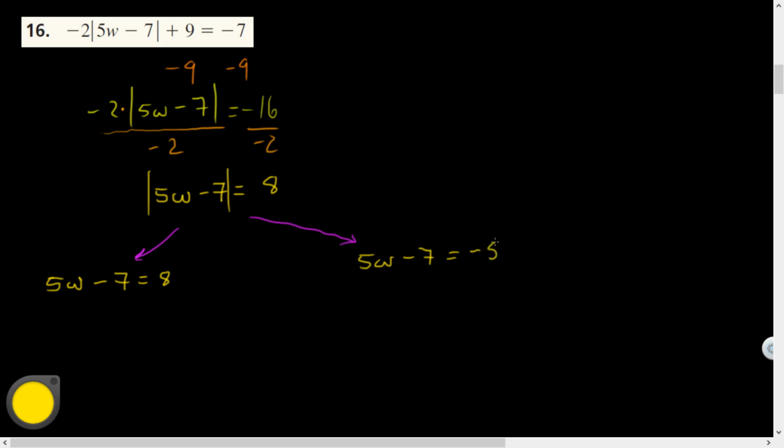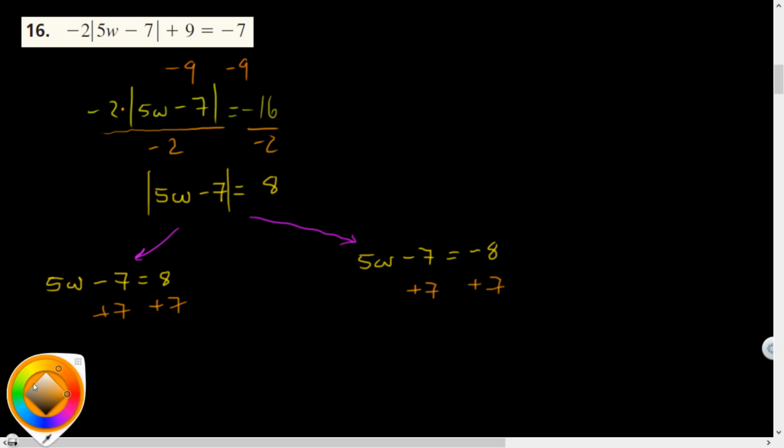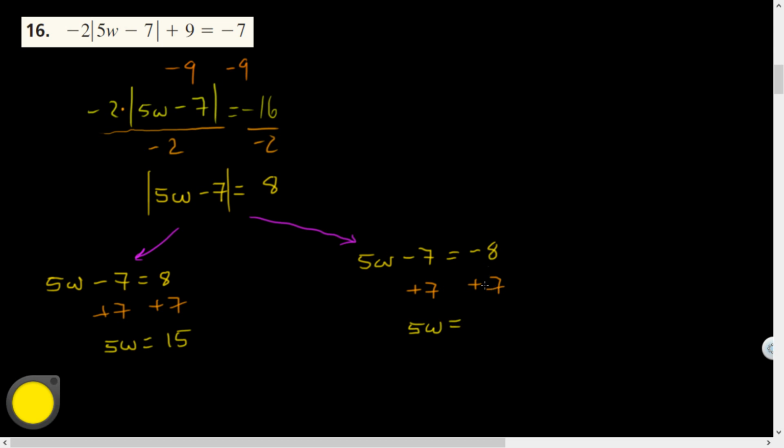Equals -8. Now I'm going to go through and solve both of these to get w by itself. Add 7, add 7. It happens to be the same step over here. So I get 5w equals 15. Over here, 5w equals -1.